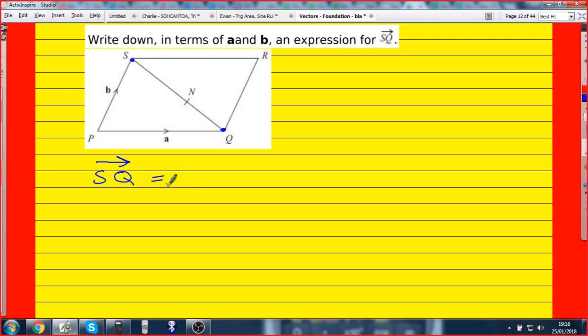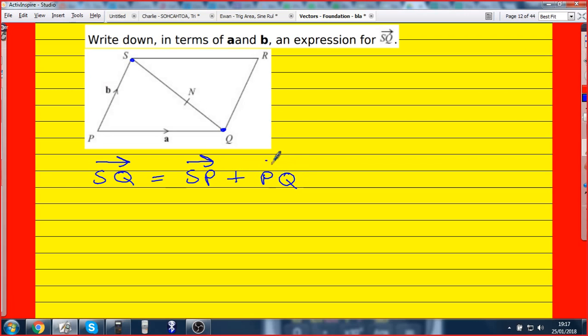Yeah. So SQ equals minus A B, isn't it? Well, we don't have A or B for S to Q, so you could go S to P first, and then P to Q second.